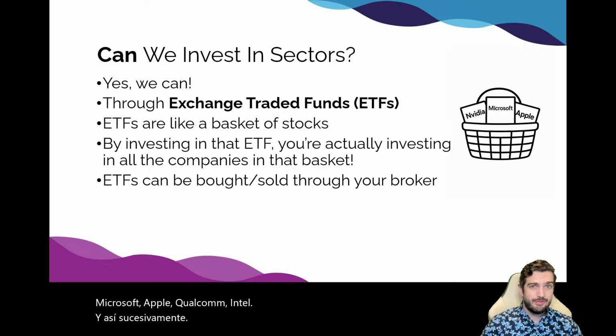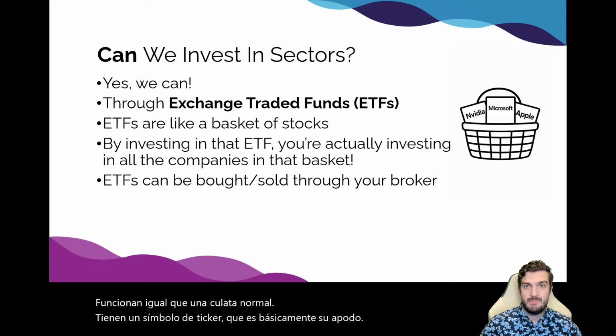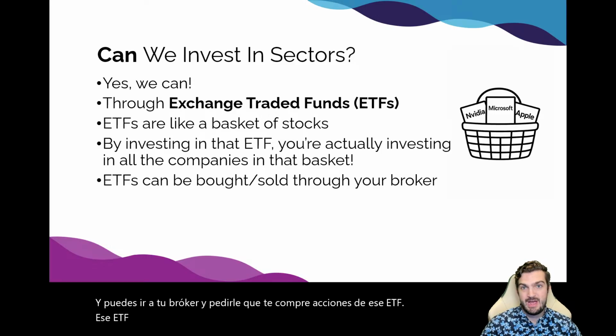Now, the really cool thing about ETFs is that, as far as we're concerned, they work just like a normal stock. They have a ticker symbol, which is their nickname essentially, and you can go to your broker and ask that broker to buy you shares of that ETF. That ETF will go up and down in price throughout the day.